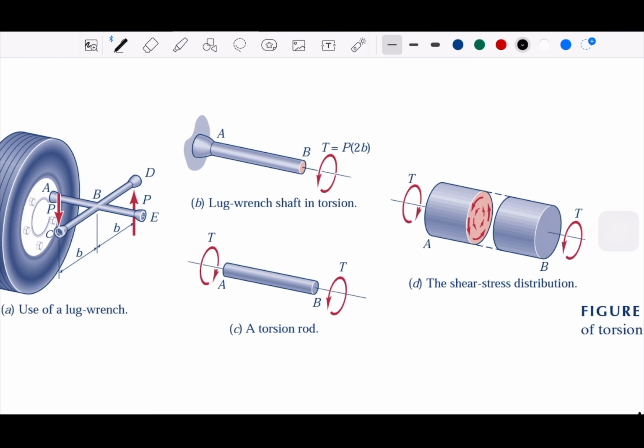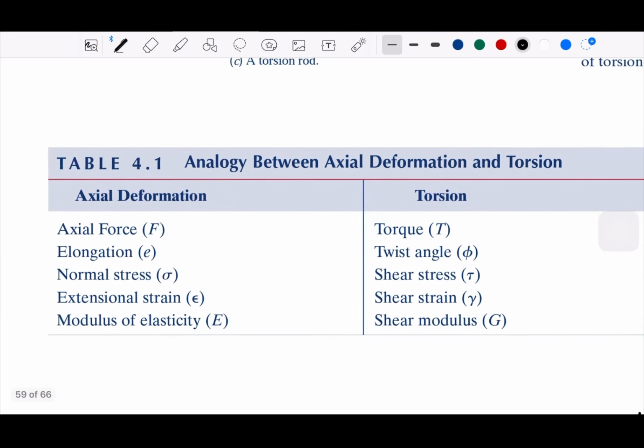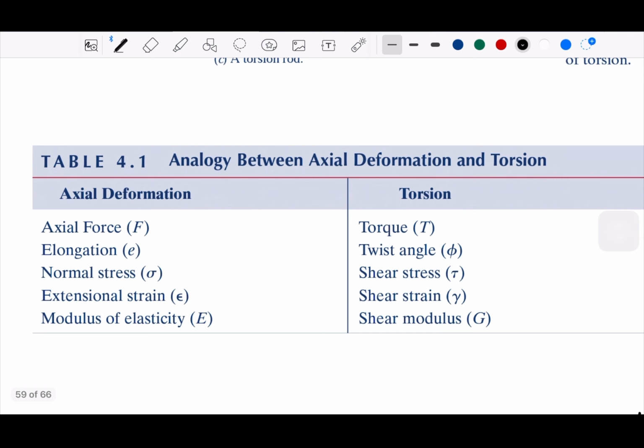to give an analysis. And the best way to look at this torsion, if we want to compare with the previous chapter, is to have some analogy. In the previous chapter, we had the axial force in the longitudinal axis. And in torsion, we focus on the torque. Previously, we saw the elongations.